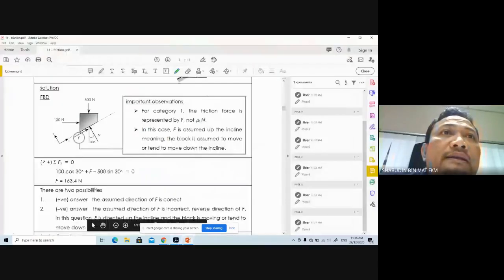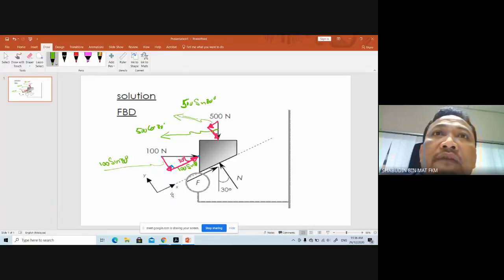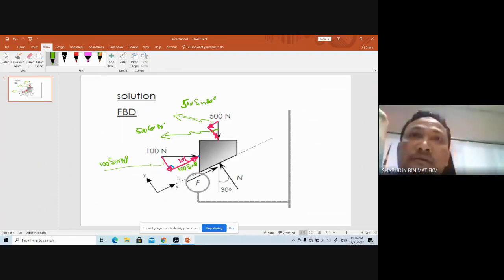So the component in X is 100 cos 30 degrees. In X you have 100 cos.